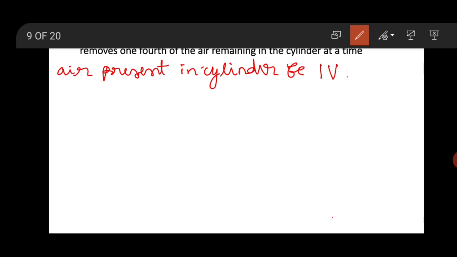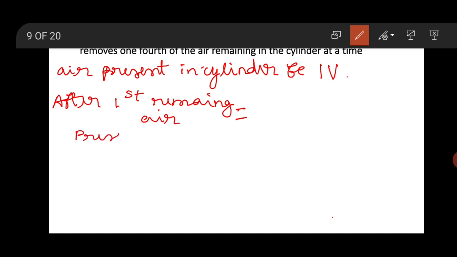Now after the first pumping, what is the remaining air in the cylinder? Remaining air is given by present air minus 1/4 of the present air.